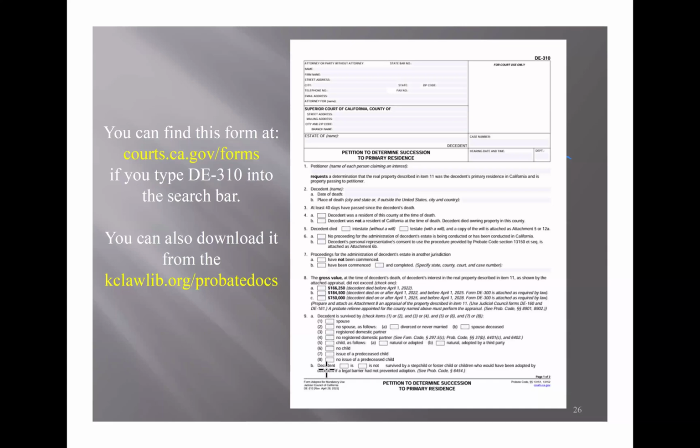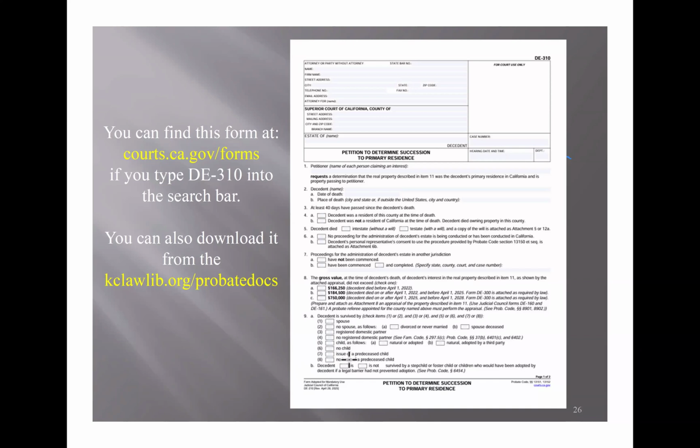Now, the next box 5, just did they have children? So then you check that box, and usually the answer is always natural or adopted. There's very few, but occasionally there'll be a natural child that has been adopted by a third party. Then, or no child, okay?